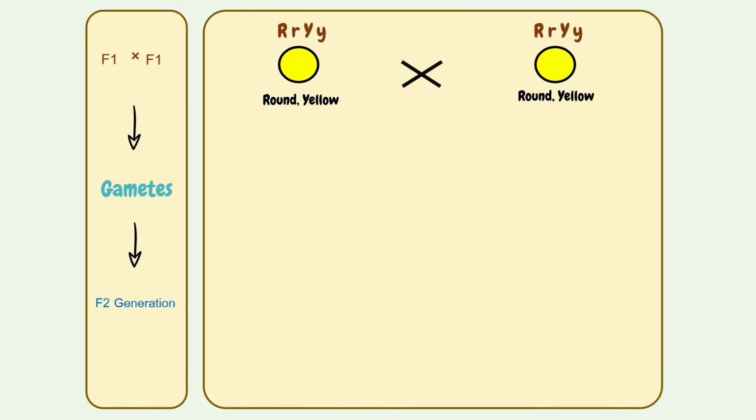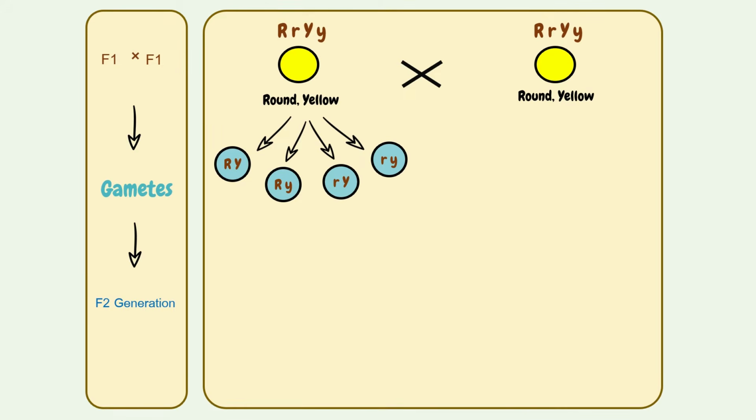Four types of gametes will be generated: one with capital R and capital Y, one with capital R and small y, one with small r and capital Y, and one with small r and small y.